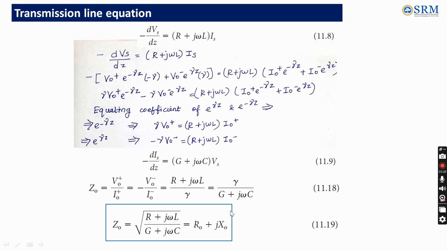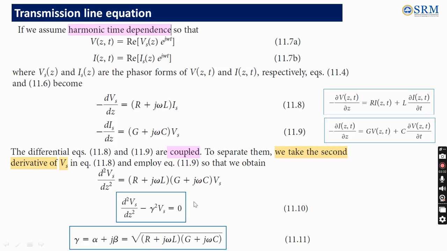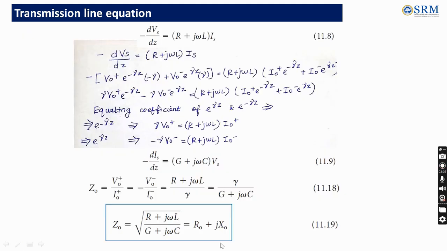Similarly, if we do it for the current, we will get the second term. This is γ/(G + jωC). We already know the value of γ, right? It is going to be the root of (R + jωL)(G + jωC). So we are going to put that particular γ here. The one term in the denominator, whatever we got, we can write as twice the root of this.